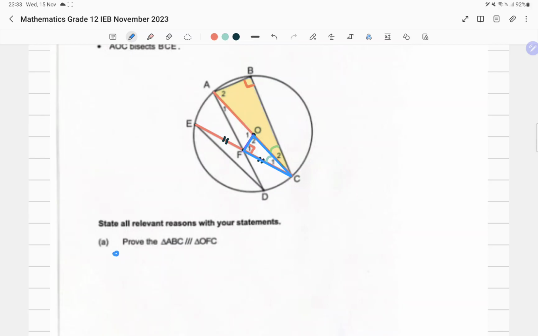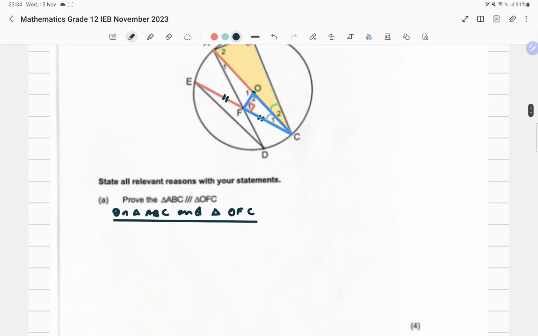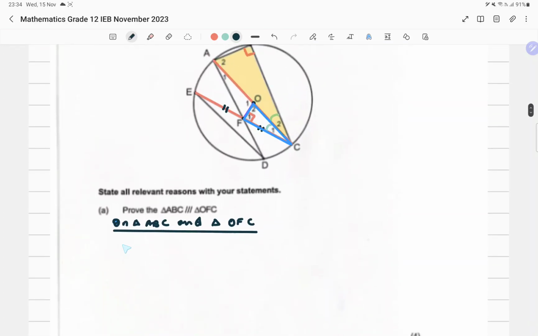So we'll start by saying, in triangle ABC and triangle OFC, what can we say here? We will start with the other triangle. Angle B is equal to 90 degrees.